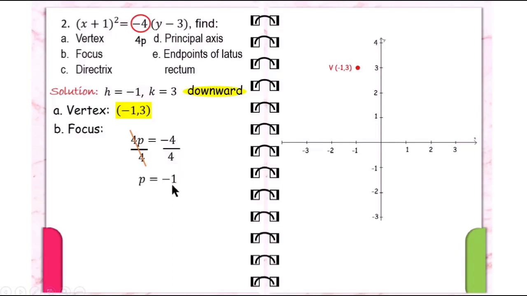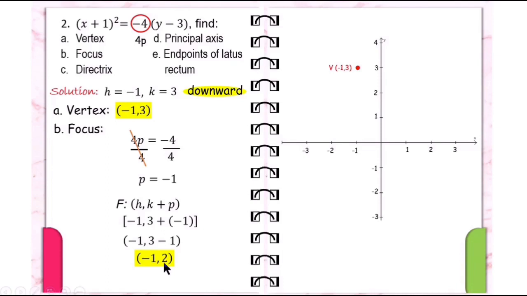So p is equal to negative 1. 4 divided by 4 is 1. The focus is (h, k plus p). Substituting the values of h, k, and p, we have (negative 1, 3 plus negative 1). Simplify, we just copy negative 1, multiply the signs, positive times negative is negative, so 3 minus 1 is 2. Therefore, the focus is (negative 1, 2).